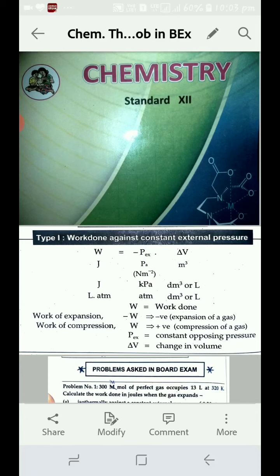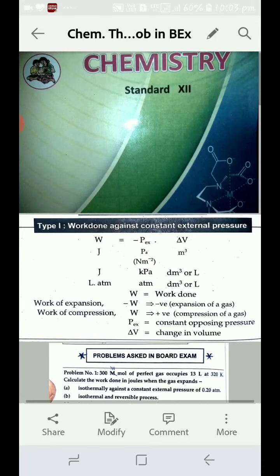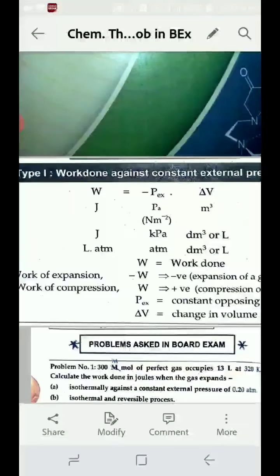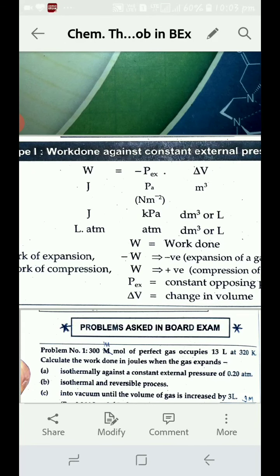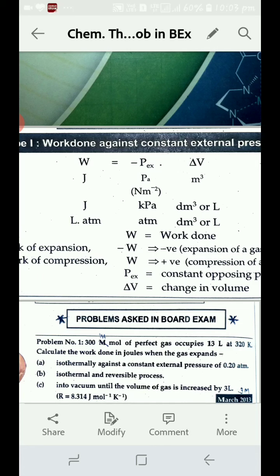Let us discuss the problem asked in board exam. Problem number 1: 300 millimole of perfect gas occupies 13 liter at 320 Kelvin.